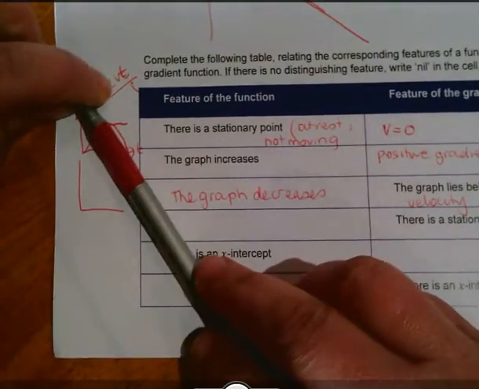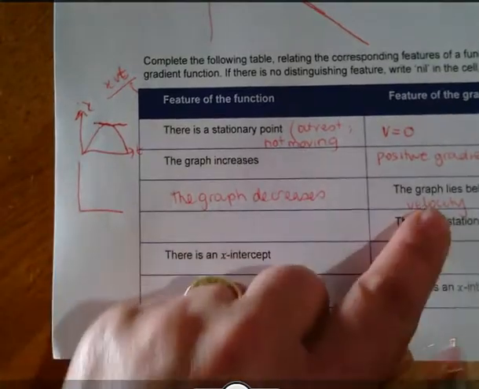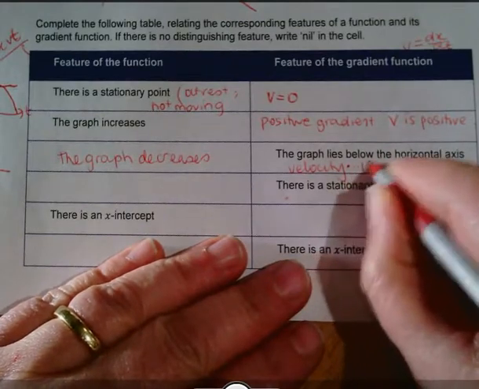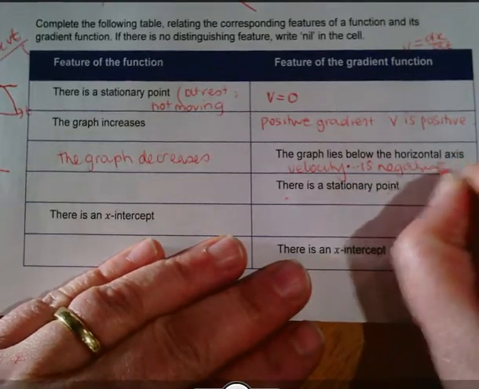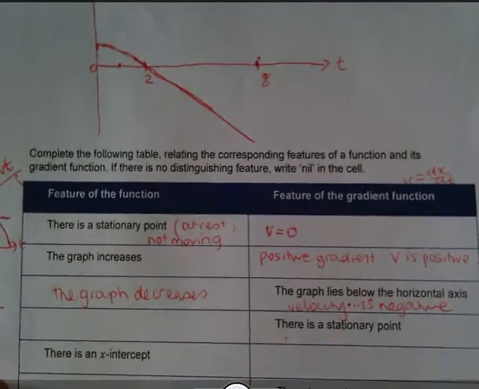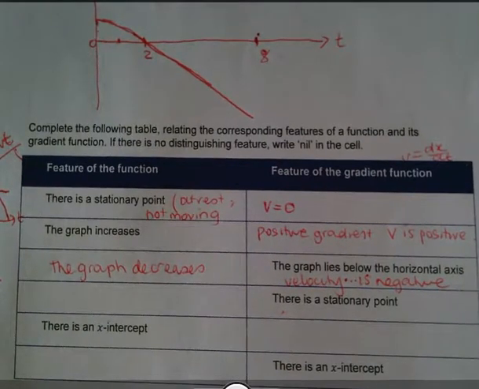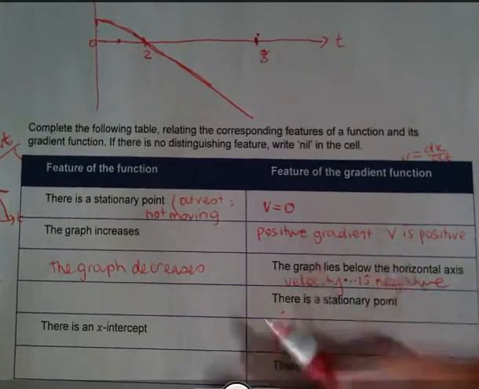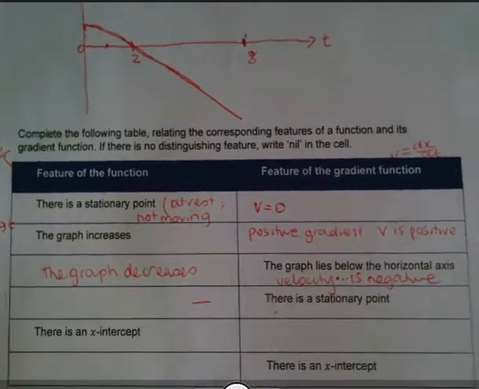If my graph is decreasing, it means I've got a negative gradient, so the velocity is negative. So my velocity graph lies below the x-axis. Okay, if there's a stationary point on the gradient function, we really haven't seen anything like that, so we're just going to leave that one.